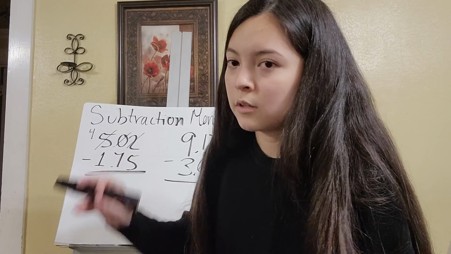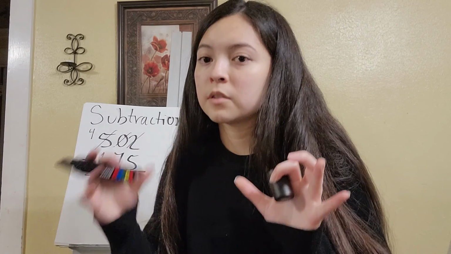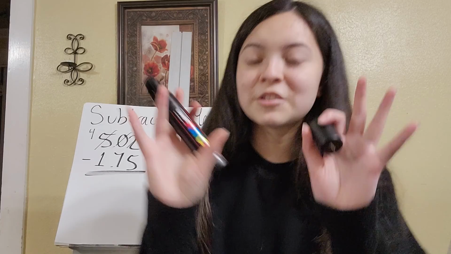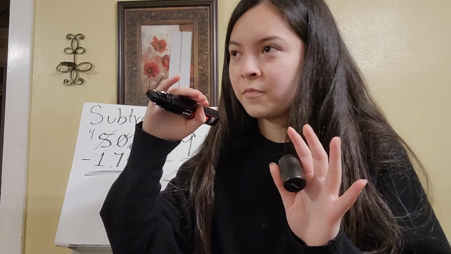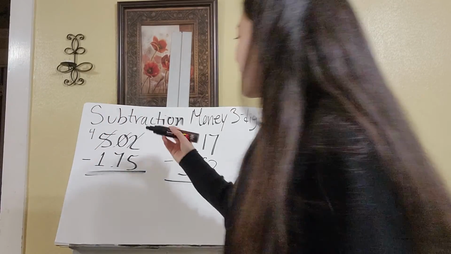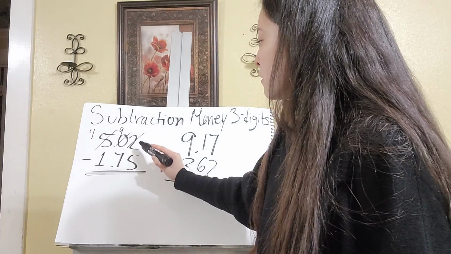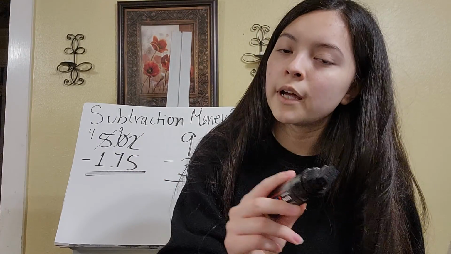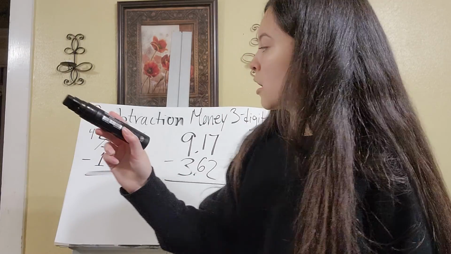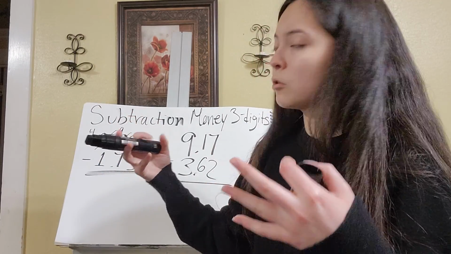So originally it would be 10, but 2 still needs to borrow that 1, so 10 excluding 1 equals 9. And then that 1 adds to the 2, and so right here it'll be a total combination of 12.